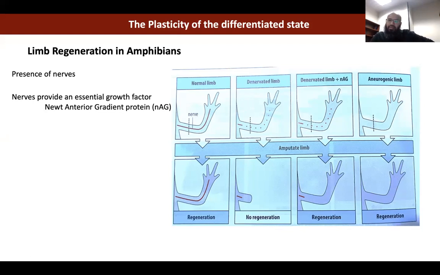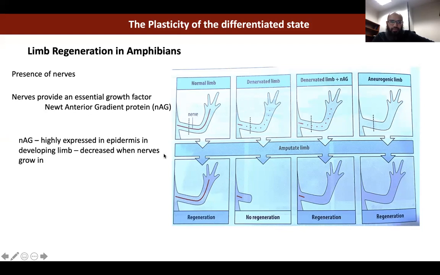And that was a surprising observation, because we just have seen that normal limb development is dependent on the nerve supply, while denervated limbs cannot grow unless they are provided with this nerve growth factor, the anterior gradient protein. And it was later found out that the anterior gradient protein is highly expressed in the epidermis in the developing limb, and it decreases when the nerves grow in.